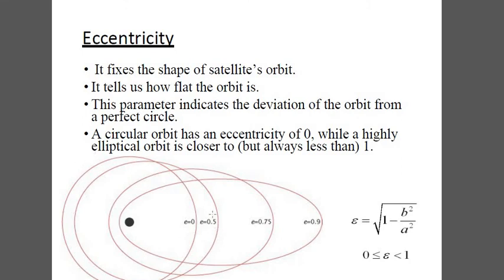If it is 0.5, semicircular. If it is 0.75, semi-elliptical, and if it is 0.9, it is completely elliptical. A highly elliptical orbit is closer to 1 but will always be less than 1, so we are giving it as 0.9 for this. This is eccentricity, denoted by small e, the second element of your Keplerian elements.